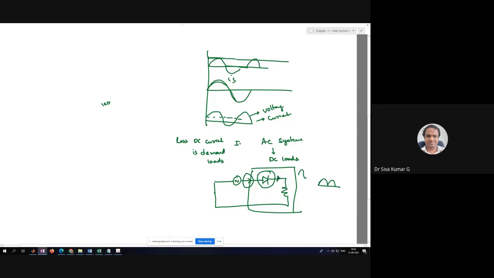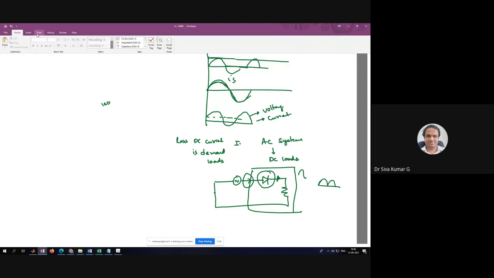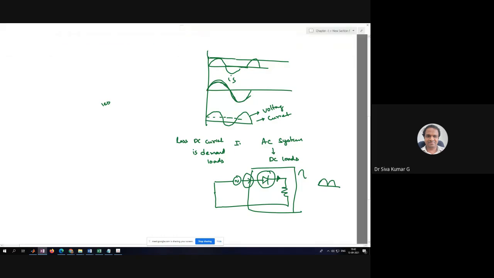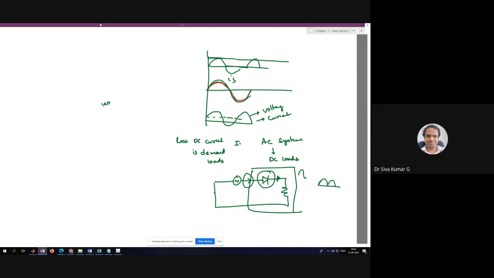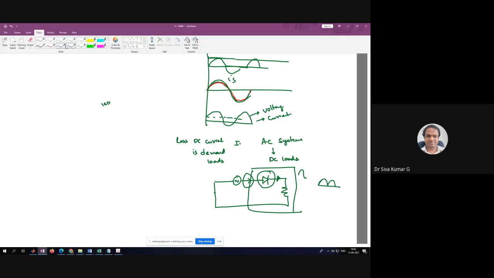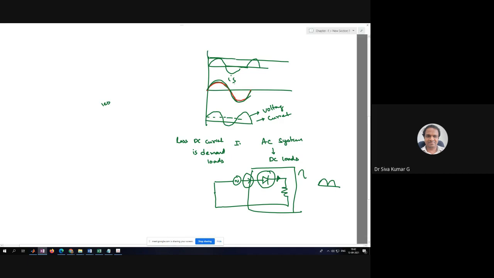On the AC side, what we experience is a current of this kind of nature, but on the DC side, we get a current of this kind. I'm just reducing the magnitude because you will be knowing it.